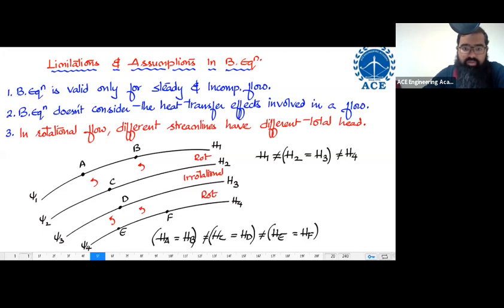Moving further to the fourth point now. Point number 4. Very important point again. Probably the entire slide will be taken only for this particular point. What is this point dealing with? In a flow, many times you'll be having problems dealing with the concept of a turbine, the concept of a pump.